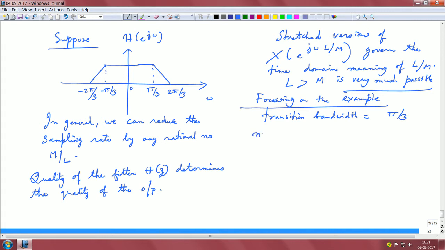If you do the normalized transition bandwidth, this is pi upon 3 by 2 pi, which is a sixth. Let us call this parameter, the normalized transition bandwidth, delta f. So, delta f is basically 1 upon 6.